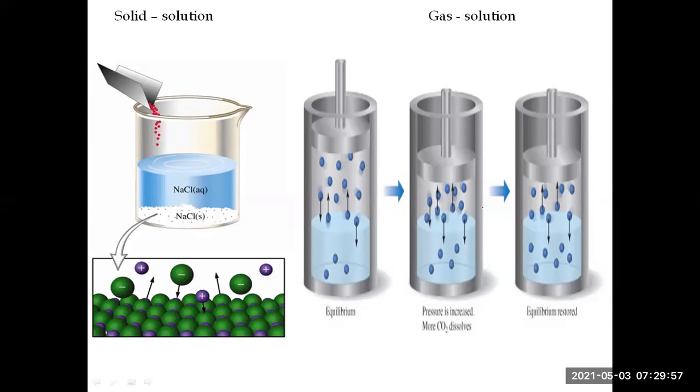So as long as you maintain the same pressure, let's say 100 molecules will dissolve and at the same time 100 molecules will escape, as long as you don't change the pressure. Therefore, at that pressure, equilibrium is attained between the gas solute and the solution. So this is the physical equilibrium.